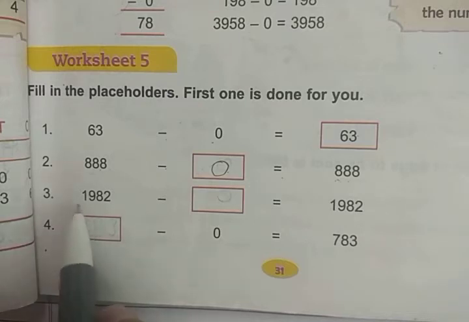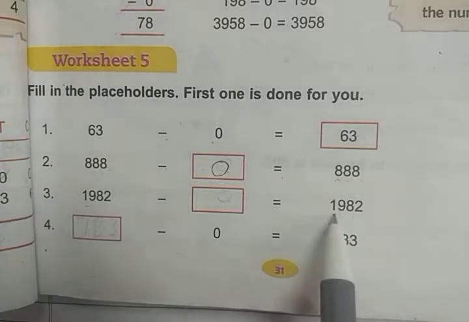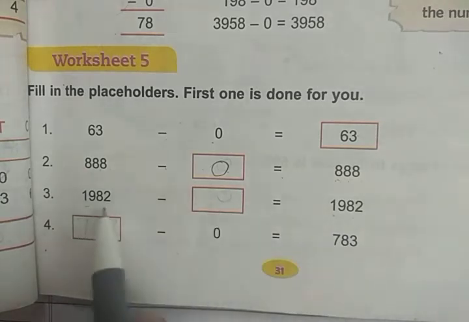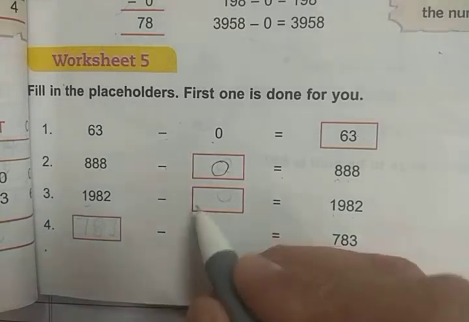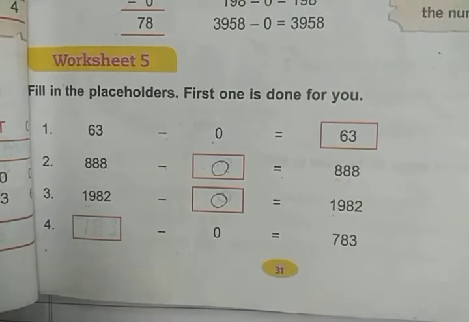In the same way, 1982, and the answer will also be 1982. So what should we subtract from this number to get the same number as the answer? We will subtract 0.